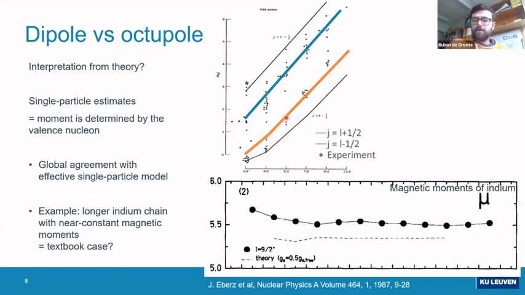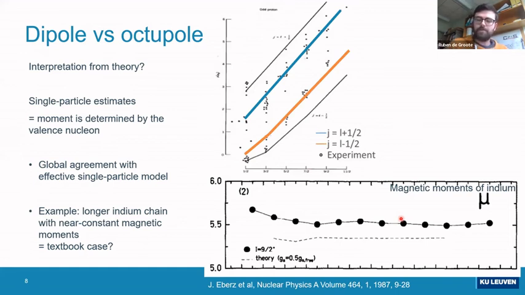Another thing that Kieran also showed were these magnetic moments over a chain of indium isotopes. Whereas the dots on the top plot are mostly stable isotopes, here you can add different isotopes of the same element. He mentioned this constancy of the magnetic moments of indium, which lends credibility to this single particle model, showing that the number of neutrons in this core doesn't really matter.